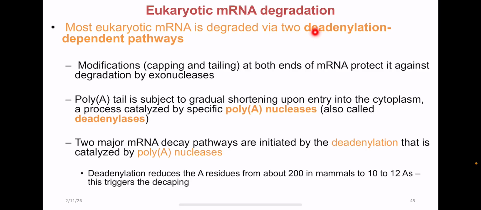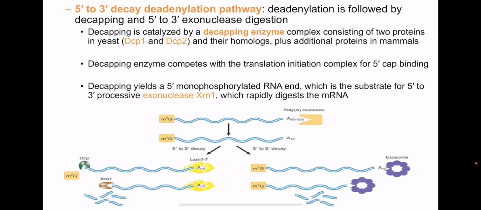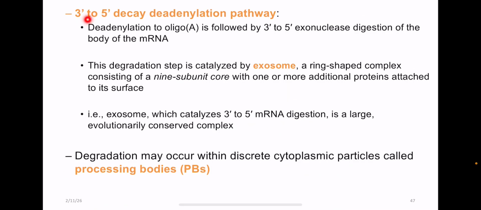Some pathways are deadenylation independent, but most of our mRNA undergo deadenylation dependent pathways. There are two of them, so we are going to look at the two. The first one is 5' to 3' decay, and the other one is 3' to 5' decay.